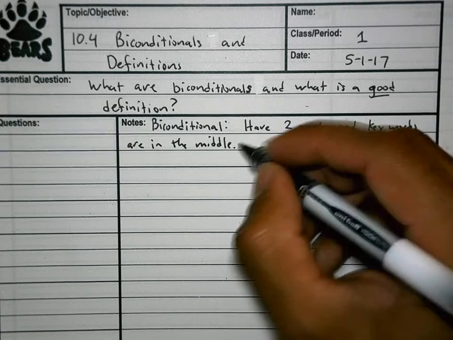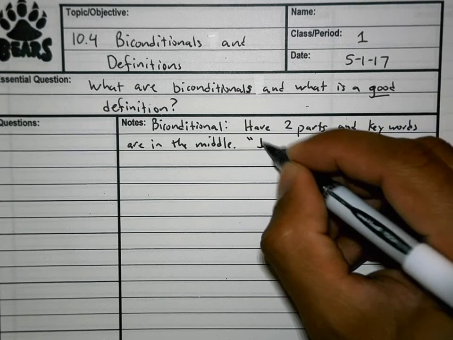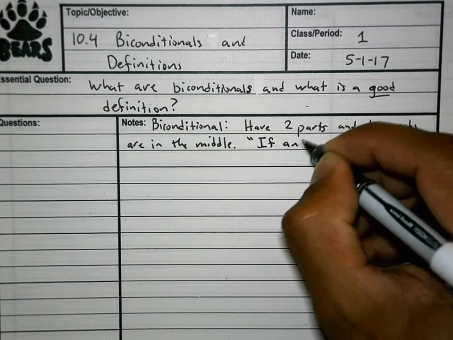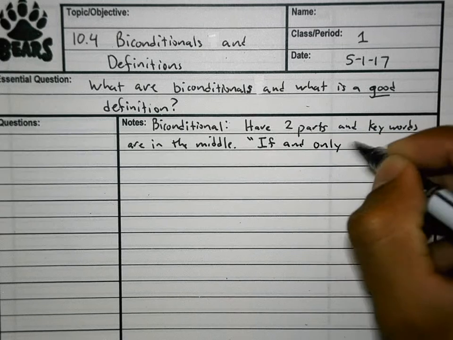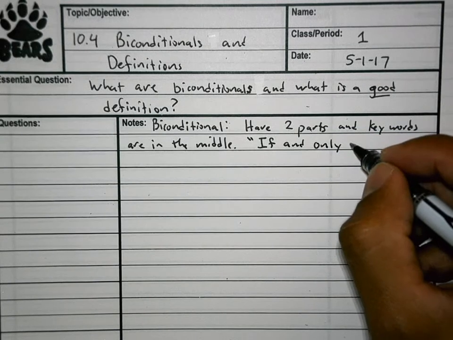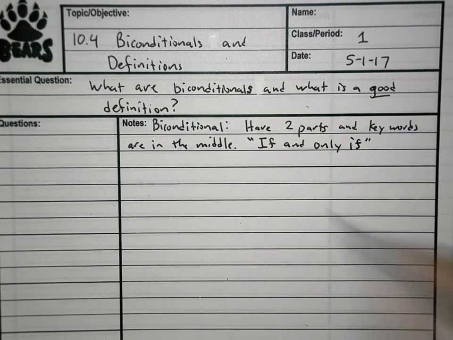What are the keywords? I'm going to put it in quotations: "if and only if." Biconditionals have the words if and only if in the middle of its two parts.